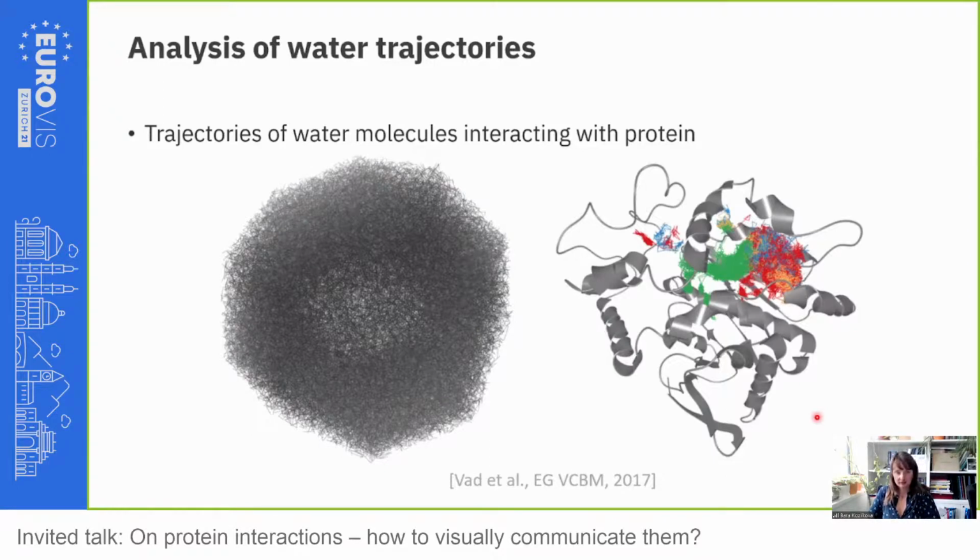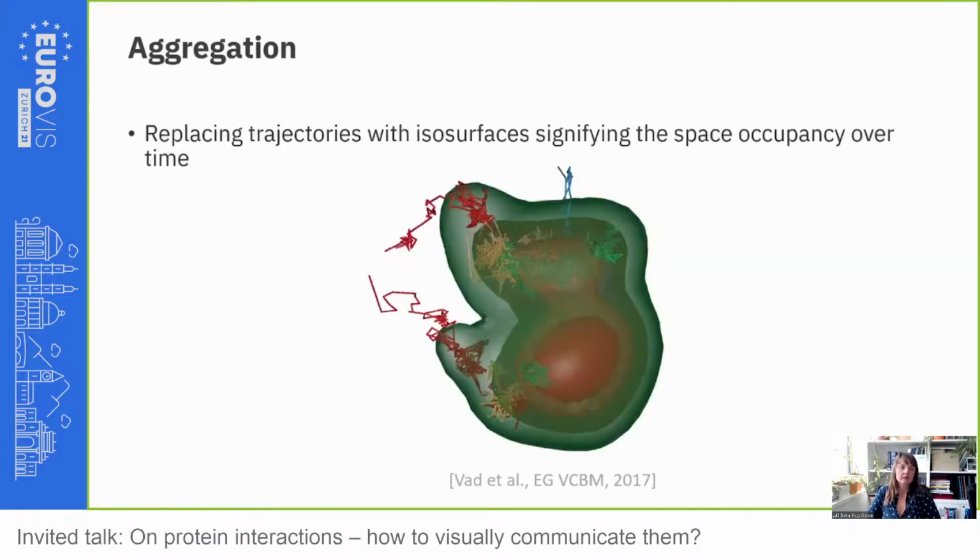So in our case, what we were trying to do was that we designed an approach where we were replacing these individual trajectories with isosurfaces, which were showing the distribution of the probability, how often the water molecules are occupying a certain space inside a protein over time.